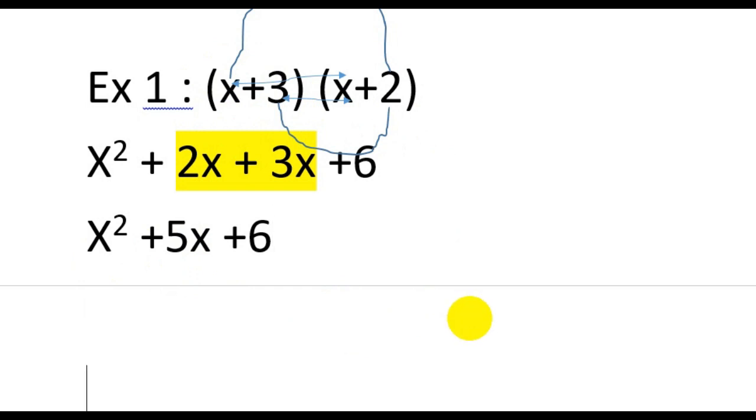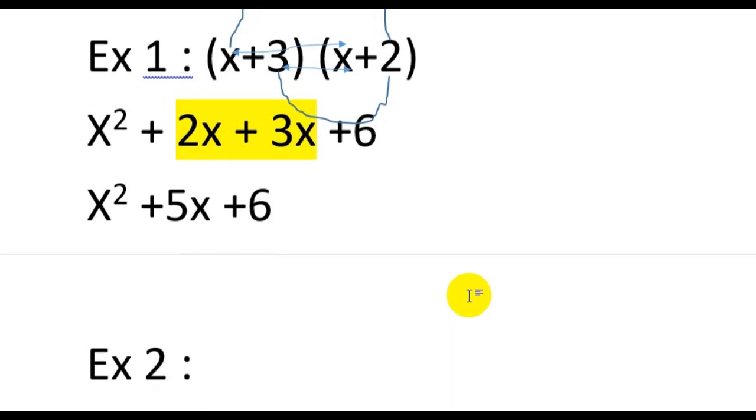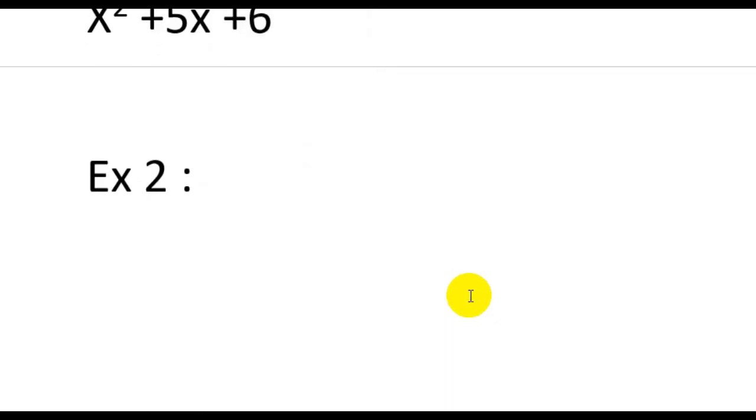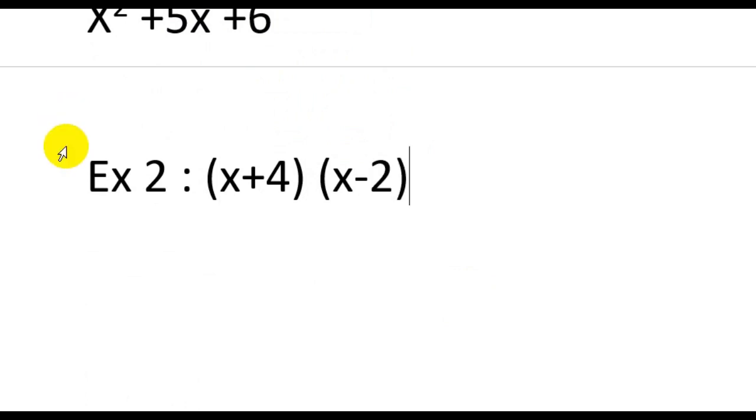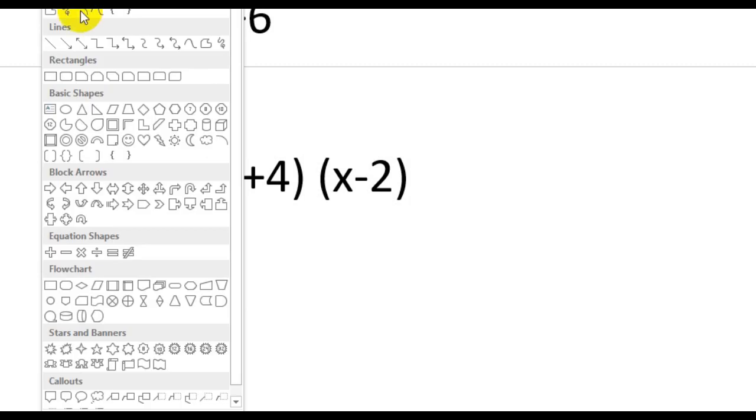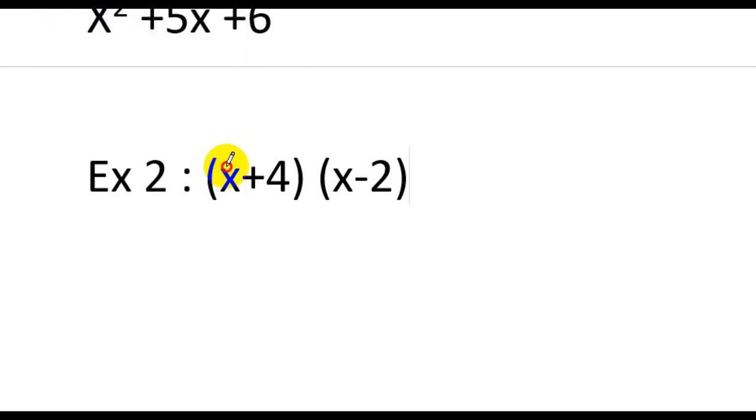Let's take another example with different operators. We'll say x plus 4, I'm going to multiply by x minus 2. As I mentioned earlier, first we multiply x with this x.